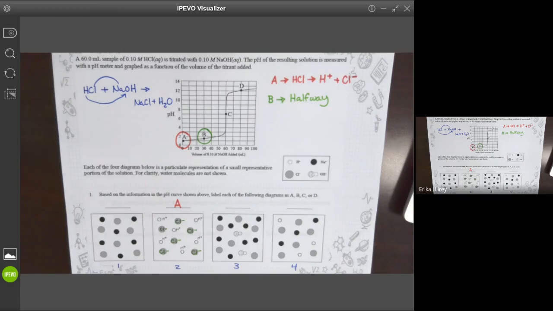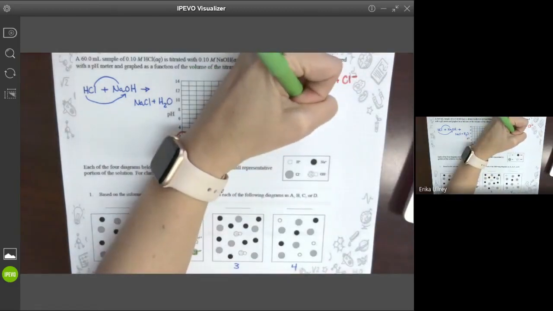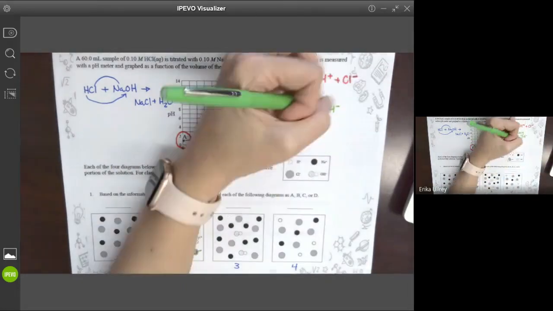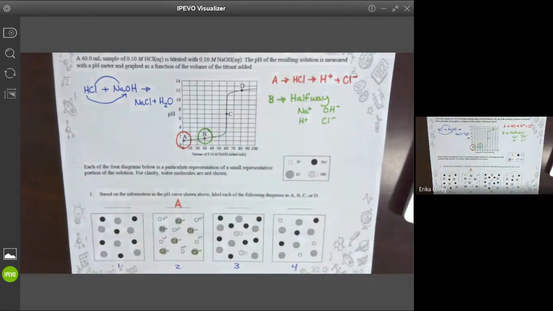Now, to get it to do that, we also had to add some base. So keep in mind that our base is Na plus and OH minus, and that our acid was H plus and Cl minus. So which diagram do you think is going to represent the half?